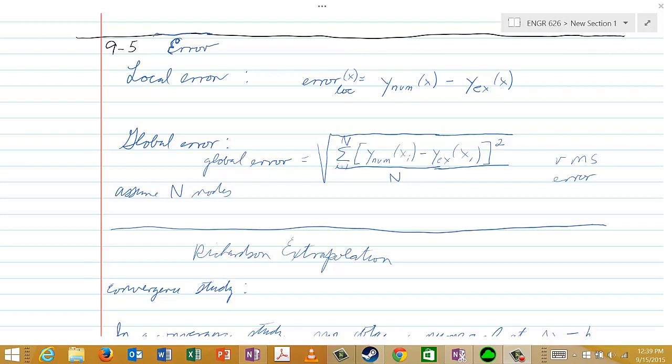So let's start by making a distinction between local error and global error. So far in your plots, we've primarily been focusing on local error.